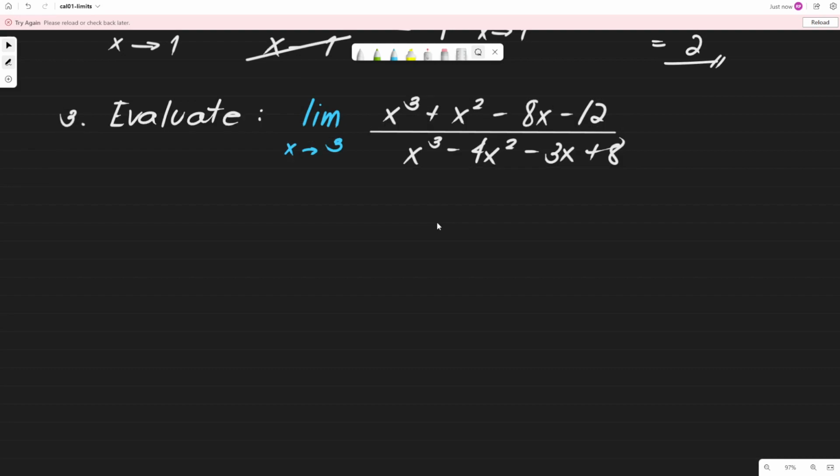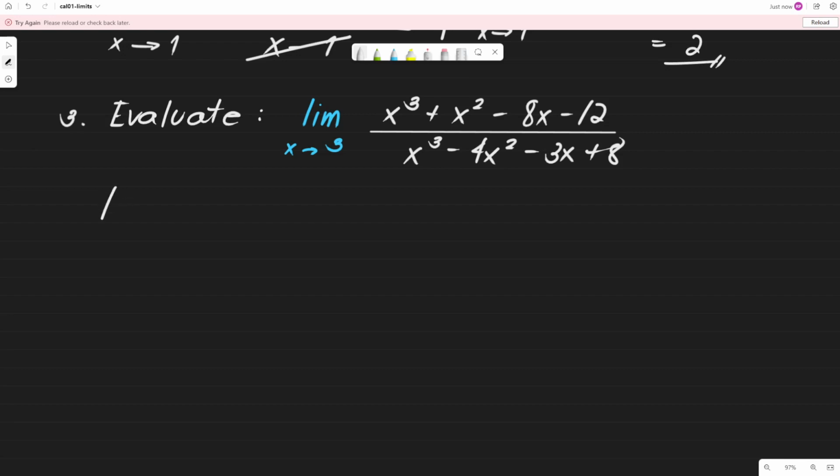So for the third example, let's find the limit of this function: x cubed plus x squared minus 8x minus 12 all over x cubed minus 4x squared minus 3x plus 8. So let's try to solve. So substitute muna natin, diretso.